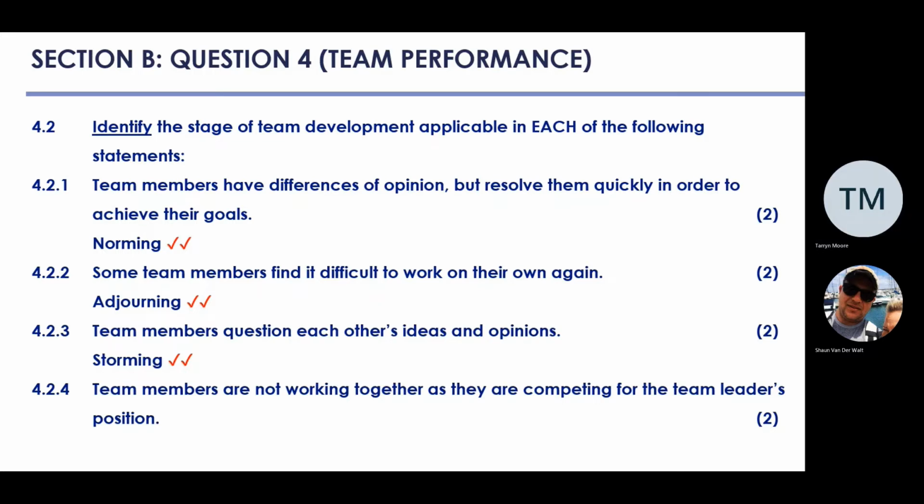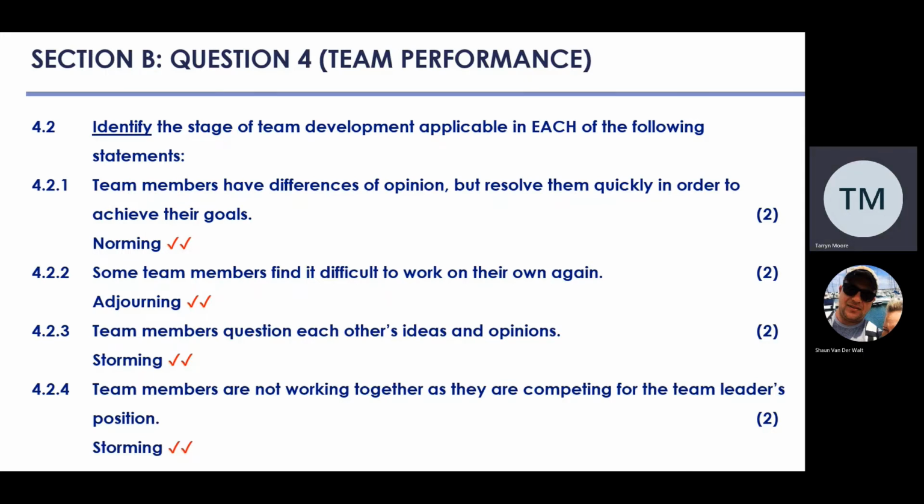4.2.4. Team members are not working together as they are competing for the team leader's position. Team members are not working together because they're competing for the leader's position. That is going to cause, wait for it, drum roll, conflict, which leads to storming.